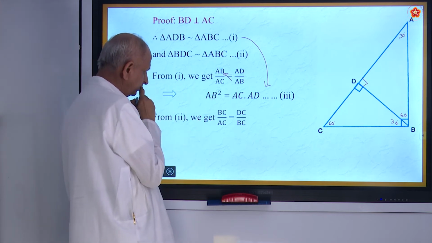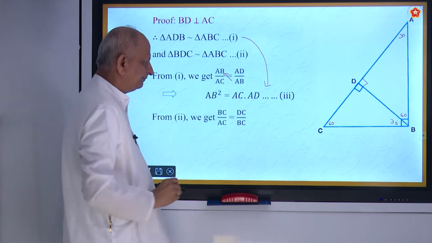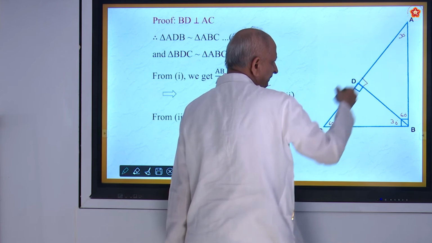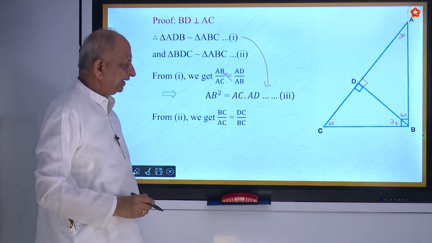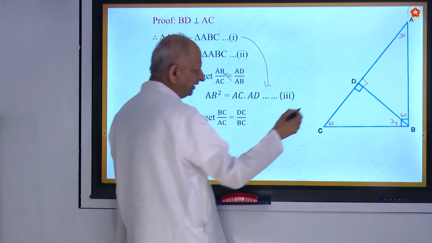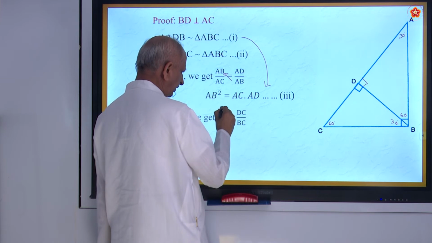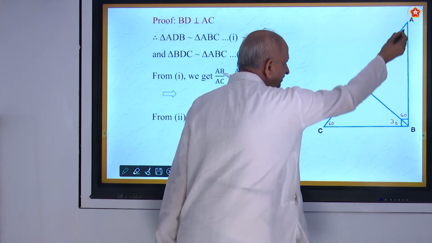Now coming to second result. See, second result refers to BDC and ABC. So BDC is the small triangle, ABC is the big triangle. Side opposite to equal angles. So this is 90 degrees. Side opposite to that is BC. So BC is here. In big triangle, 90 degrees, opposite side is AC.